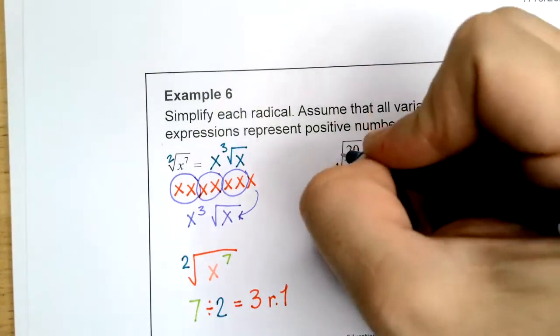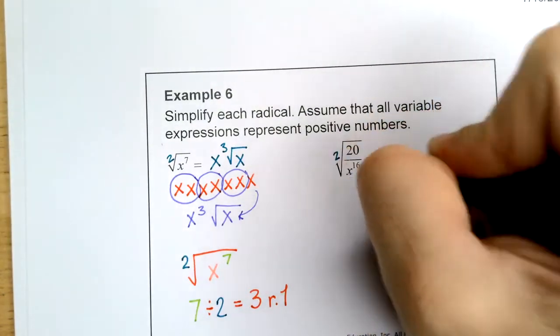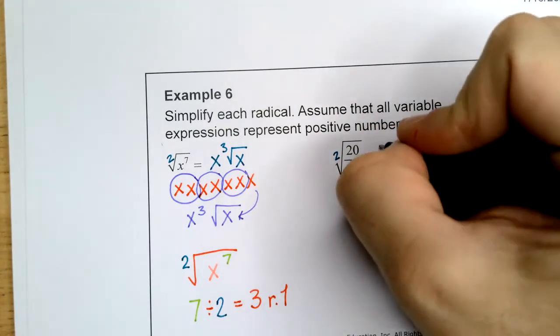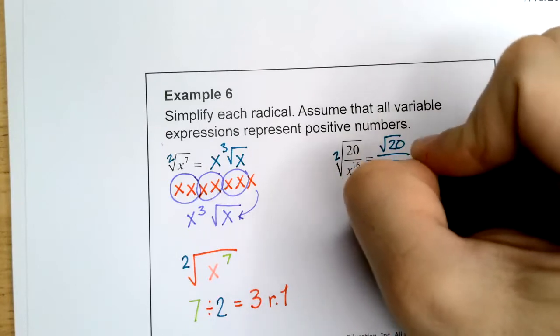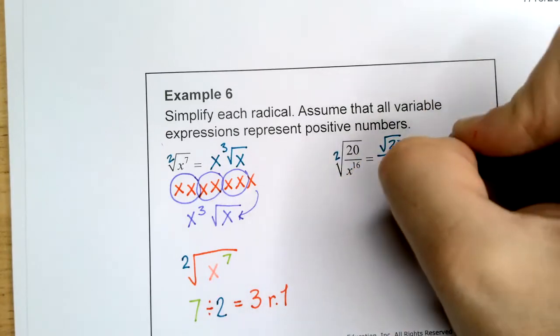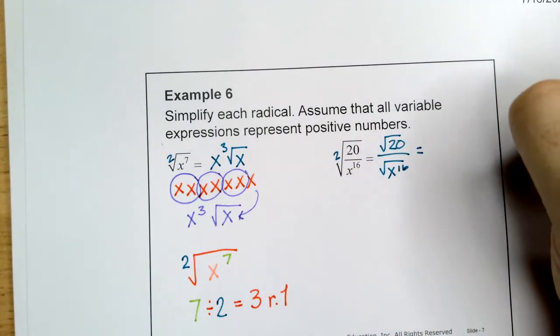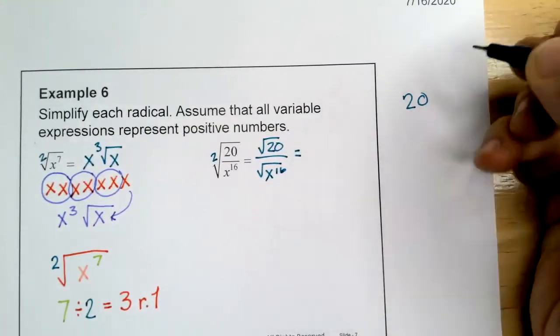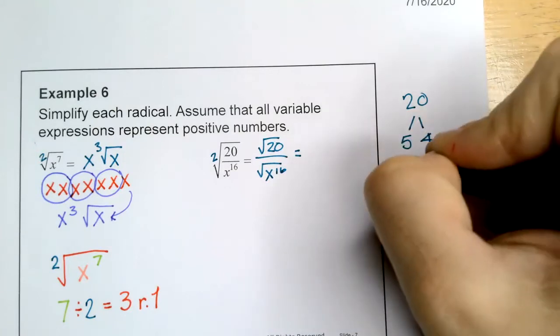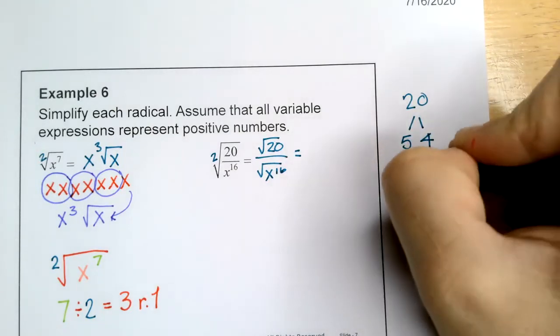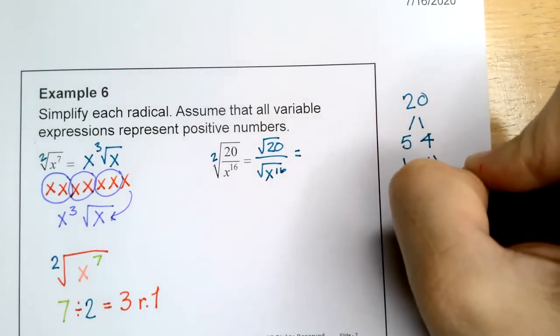Now we have the square root, again, it's an understood 2, of 20 over the square root of x to the 16th. Sorry, x to the 16th. So 20 can become 5 and 4. 5 remains a 5. 4 can become a 2 times 2, right?